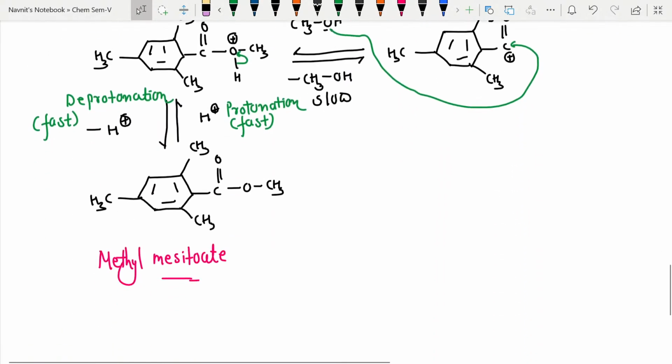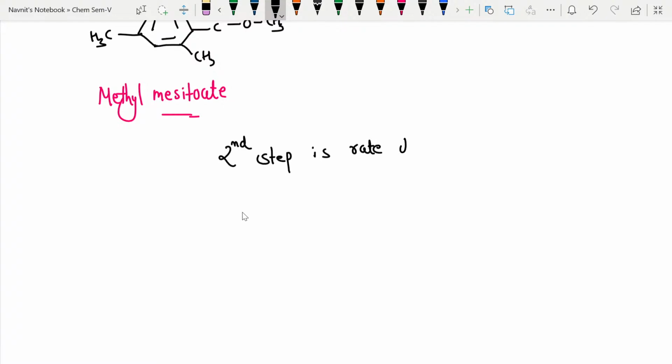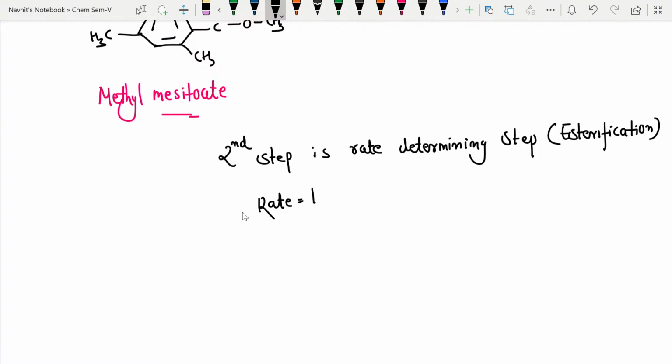This is talking about esterification. That means the rate depends on the concentration of acid.